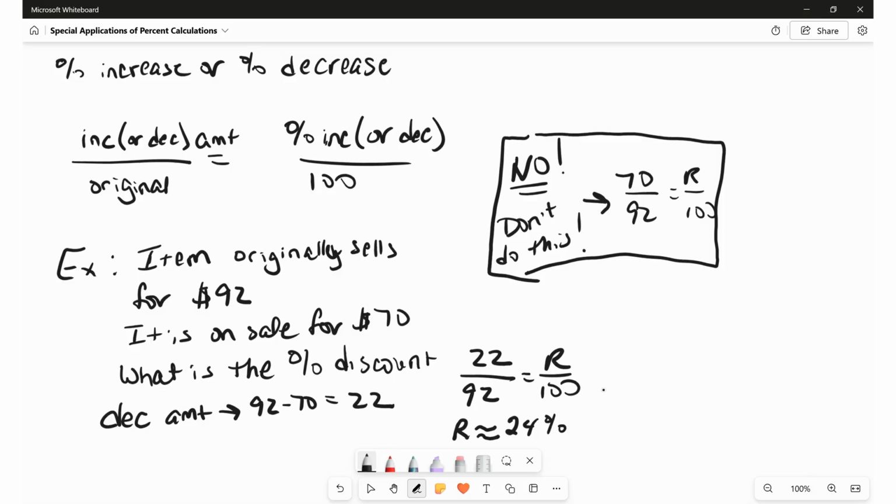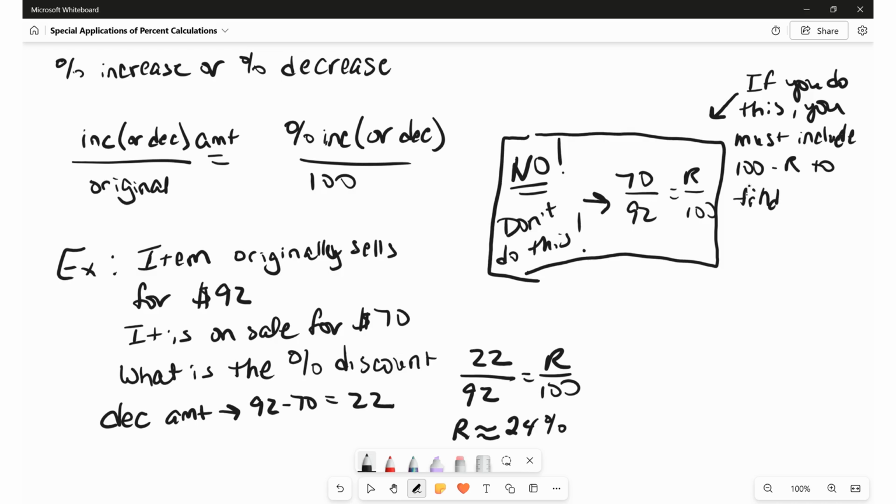Now, if you do it the other way, then you must include 100 minus R to find the discount percent.